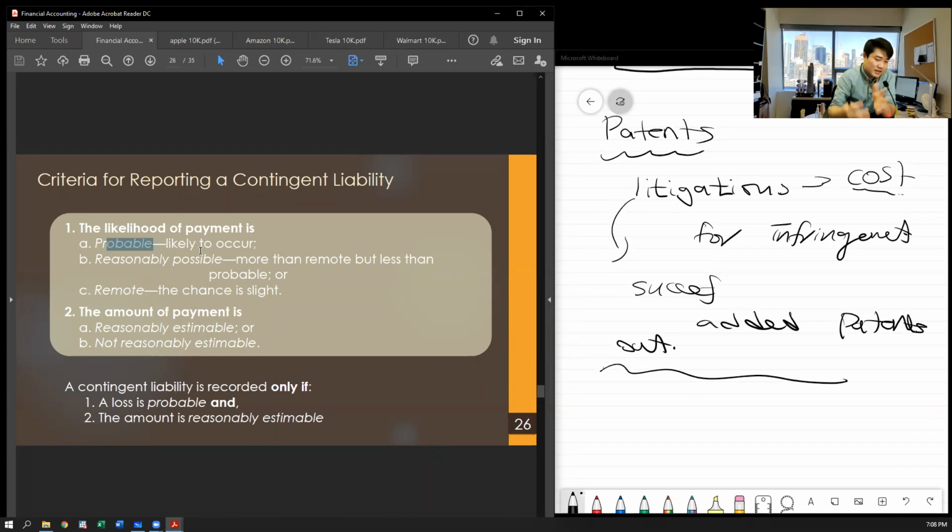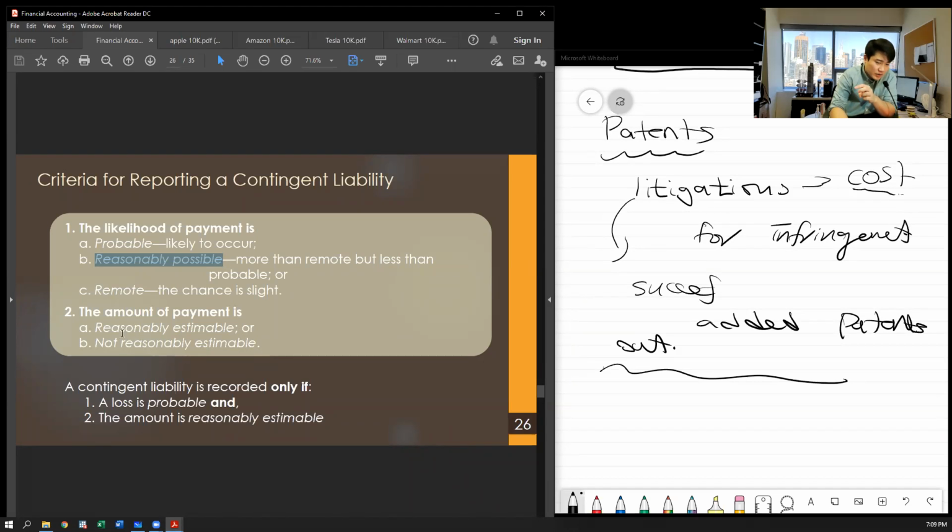Again, it always comes down to the judgment of the lawyers and accountants that deal with this. If their judgment says that there is a high probability that the company will lose the case, then the company will report it. For the cases of remote or reasonable possibility, the company might disclose it, but does not necessarily have to report it in the financial statement.